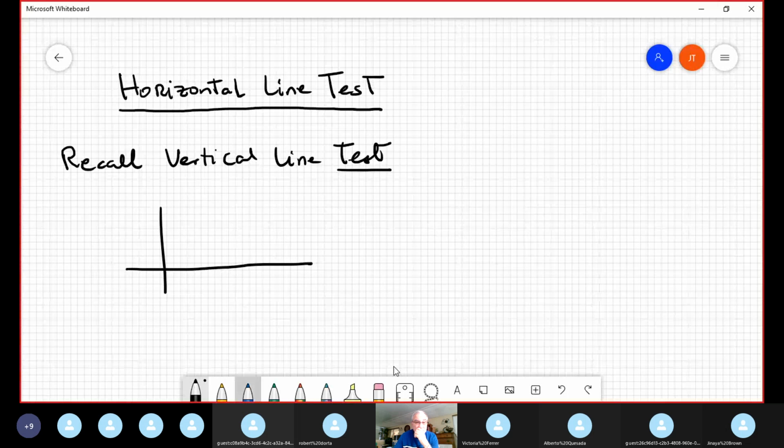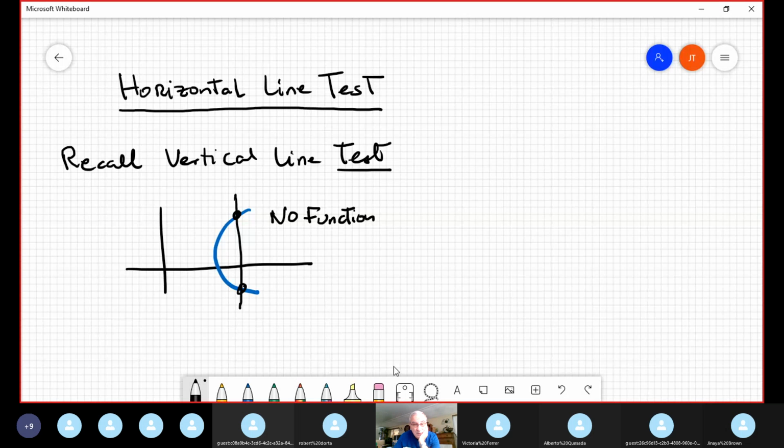Suppose a function like that, and you apply a vertical line test. If the vertical line crosses the curve in 2 points, it is not a function. If it always crosses only one point, yes, it is.